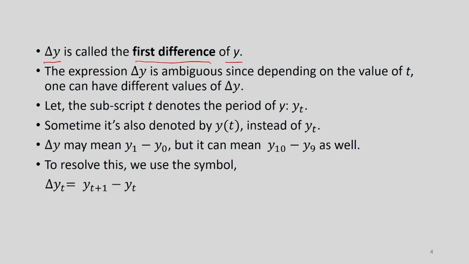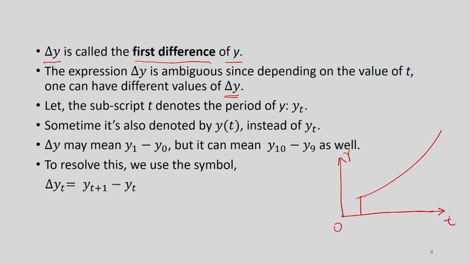The expression delta y is ambiguous, since depending on the value of t, one can have different values of delta y. Okay. You know, think about this. So, suppose this is how y is changing, y, and here you have time.